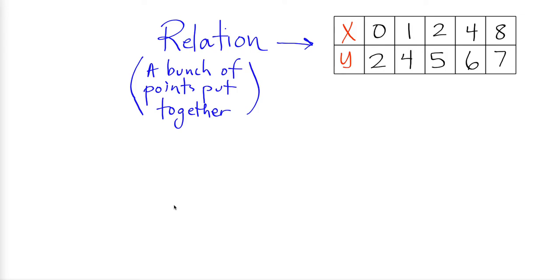There's some reason that these numbers are related together, so they just call it a relation. A function is a specific version of a relation where there's only one answer for each input. Okay, so we're gonna work with this relation first.